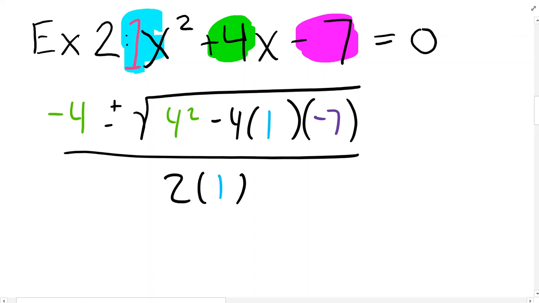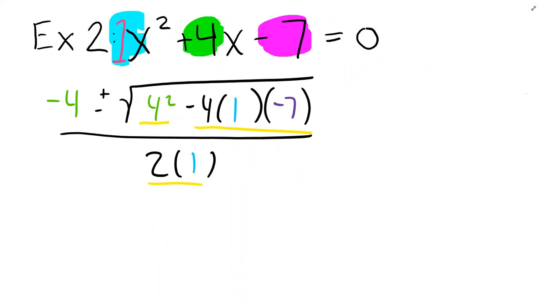Again, I'm just going to simplify this down as much as I can. I'm going to do a few steps at once here since nothing is being combined just for the sake of time, and I'm going to square this, and I'm going to multiply this, and I'm going to multiply this.